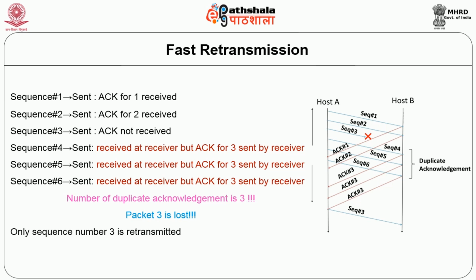Segment 4 is sent, acknowledgement will be sent by the receiver but not for packet number 4. Packet 4 is an out of order packet. Here the receiver sends back acknowledgement for segment 3, saying that I am expecting packet number 3. It actually means that I am expecting segment number 3.